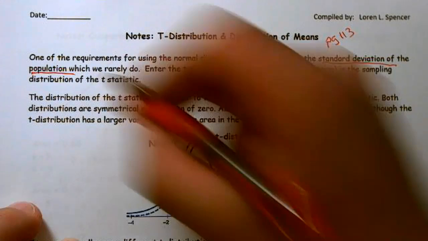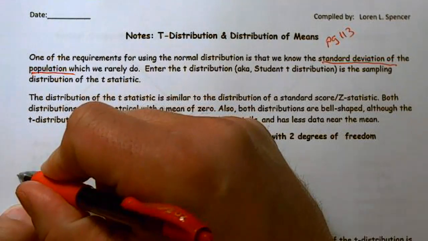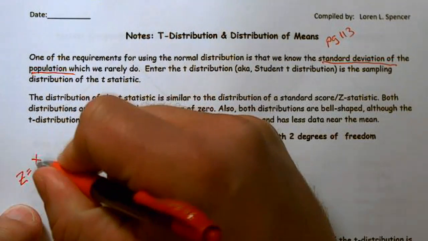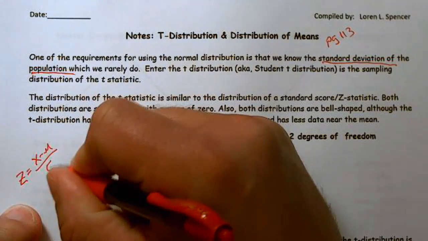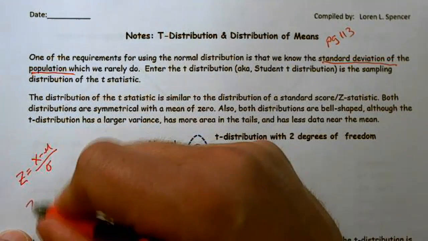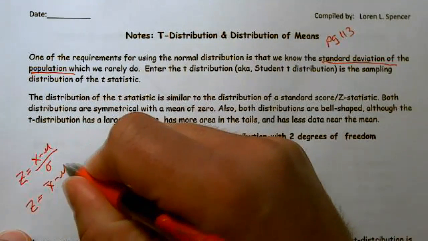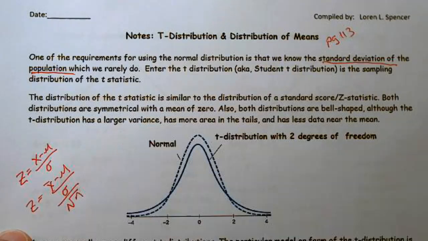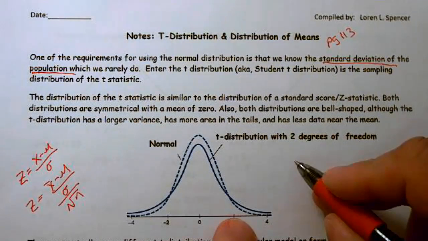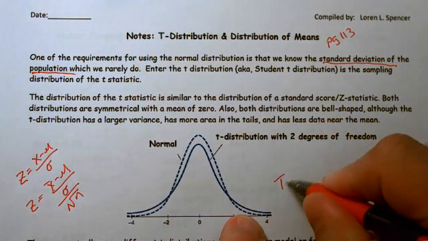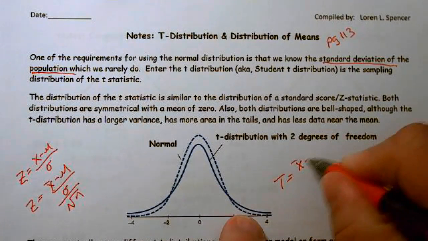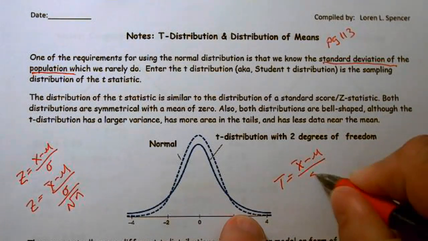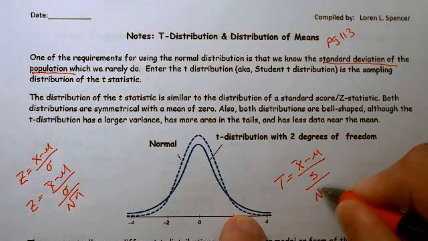So with the normal, we were typically working with z equals x minus mu over sigma, or z equals x bar minus mu over sigma divided by the square root of n. That's with the normal. With a t, we're going to be working with x bar minus mu over s divided by the square root of n.